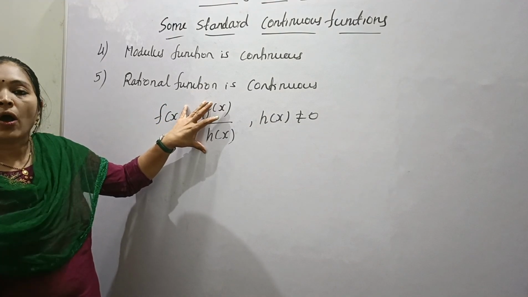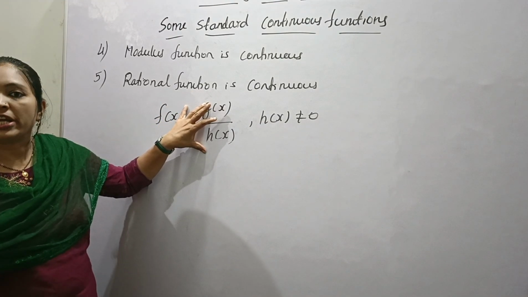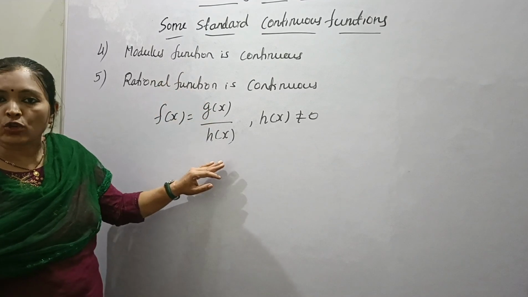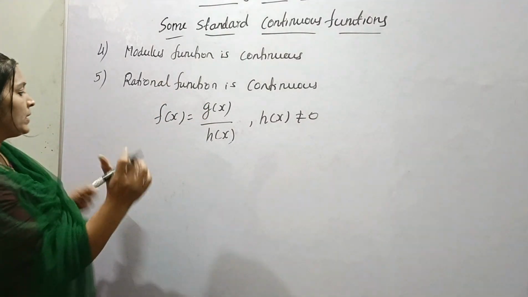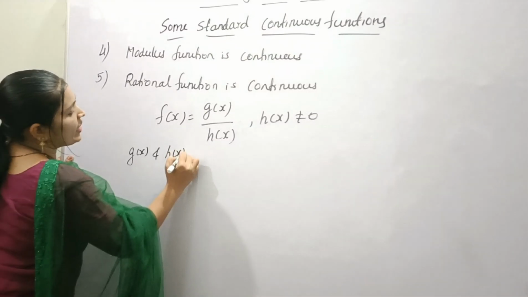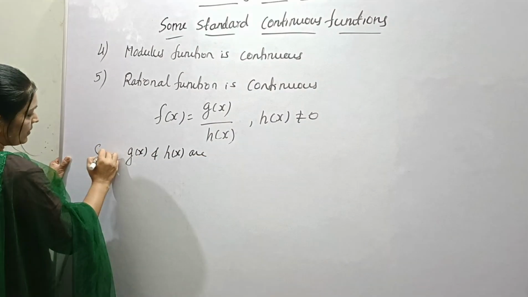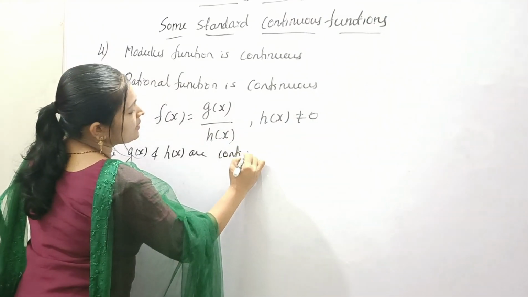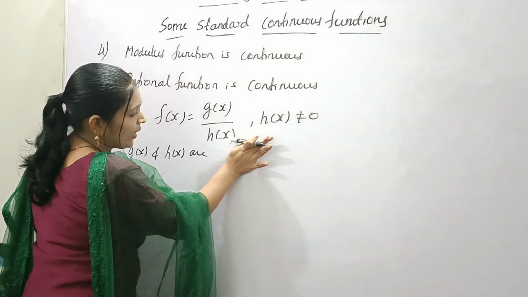We know that every polynomial function is continuous. Therefore g of x and h of x are continuous, since they are continuous polynomials.